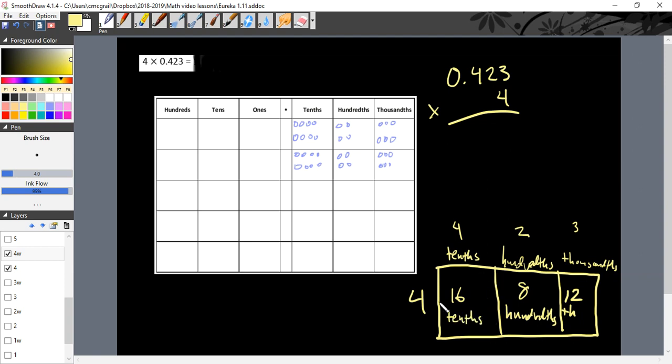So let's take a look at what that looks like. 16 tenths I know is actually going to be, how many wholes and how many tenths? It's going to be 1 whole and 6 tenths. I know that 8 hundredths is going to be 0 and 8 hundredths. And I know that 12 thousandths is going to look like this.